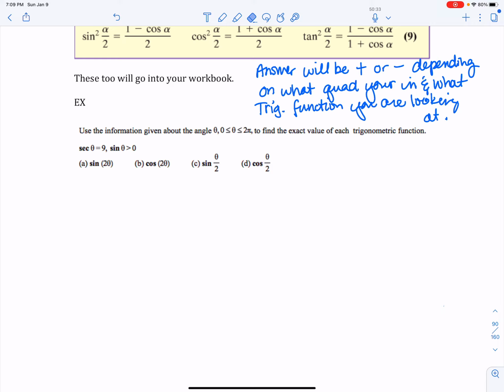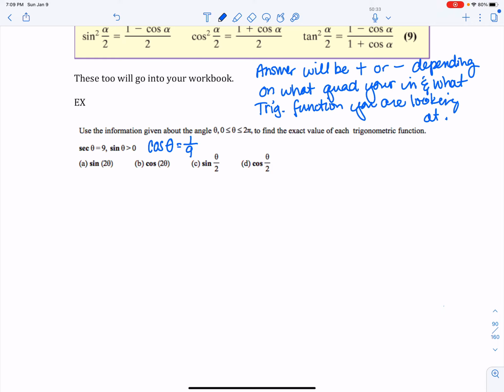So let's look at A. A asks us to find the double angle. We know that secant theta equals 9. So if secant equals 9, since it's the reciprocal function of cosine theta, if I take the reciprocal of 9, I get 1/9. So I'm going to write this out as cosine theta.